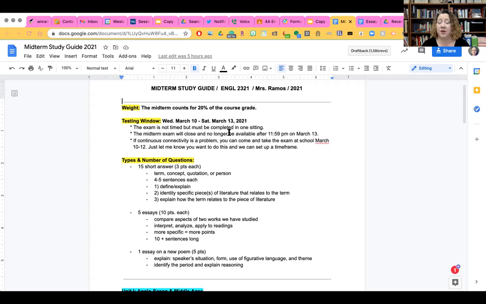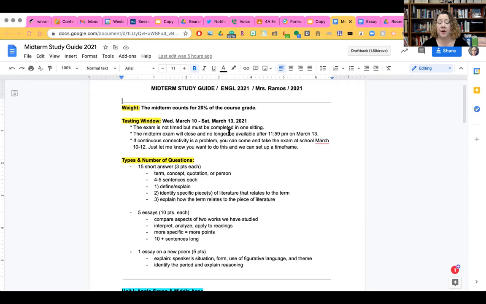Now, about the construction of the test. So the test is all written. There's no multiple choice. There isn't any true false or any matching or any of that sort of thing. It is all written. So there will be 15 short answer questions. What they mean by short answer is that you'll answer in a small paragraph, 4 to 5 sentences.